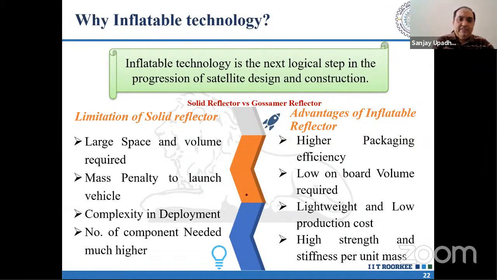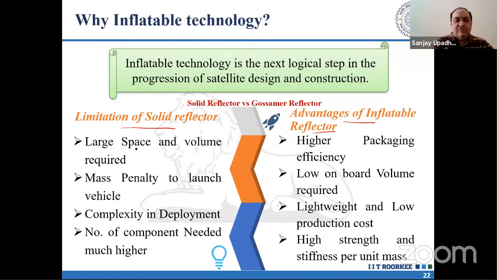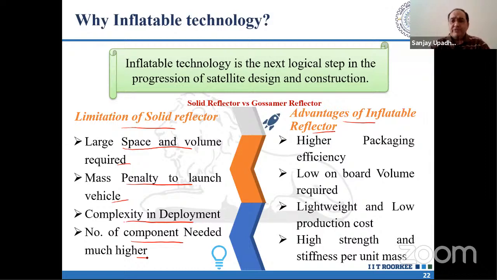If you compare a solid reflector and an inflatable reflector, the solid reflector, being a rigid reflector, has limitations. It needs large space and volume, adds a mass penalty to the launch vehicle, is complex to deploy, and needs a much higher number of components compared to inflatable reflectors.